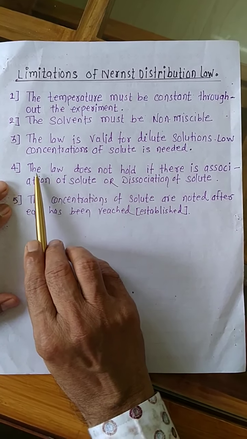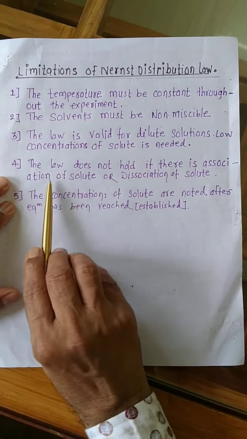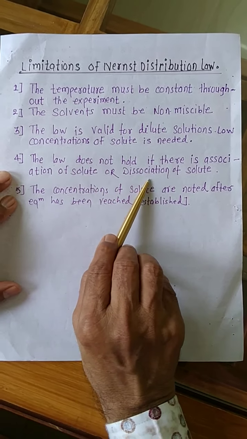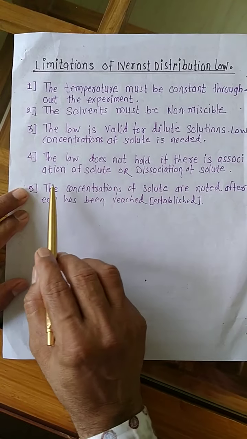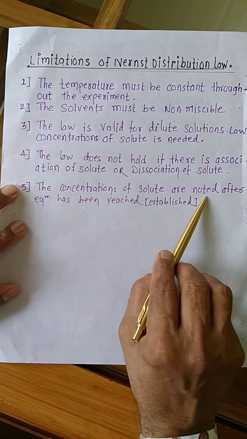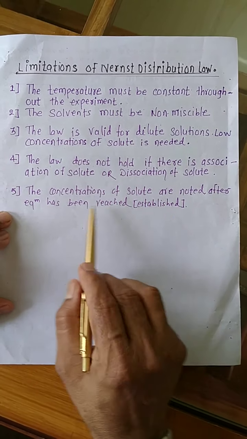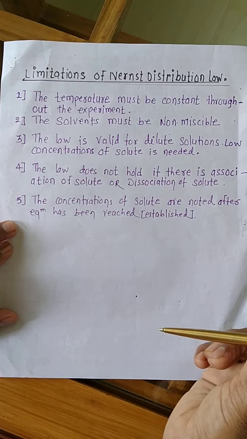Fourth, the law does not hold if there is association or dissociation of the solute. Fifth, the concentrations of solute are noted after equilibrium has been established. These are the limitations of Nernst distribution law.